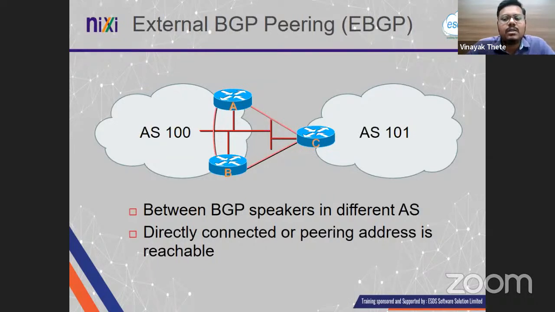In IBGP, the TTL value is 255, so it is not mandatory that IBGP peers be directly connected. Does anybody have any questions?